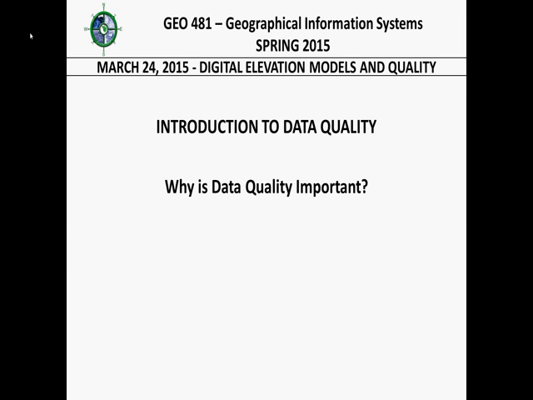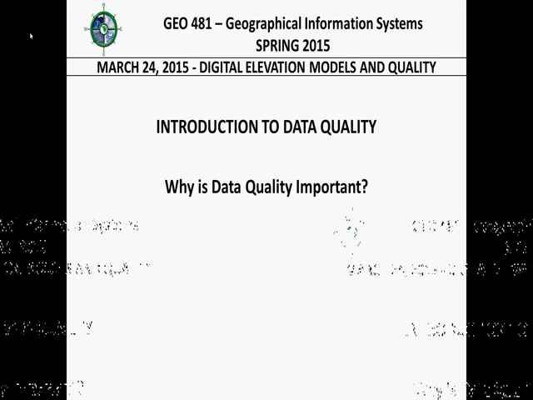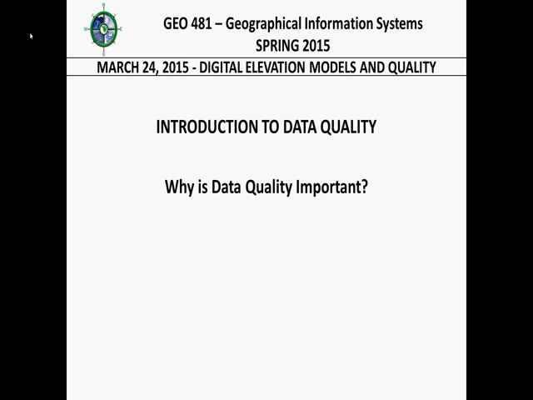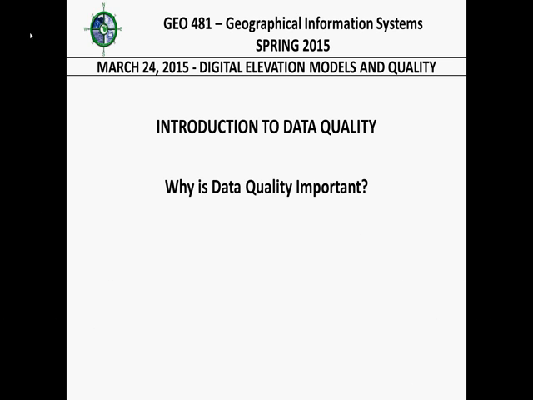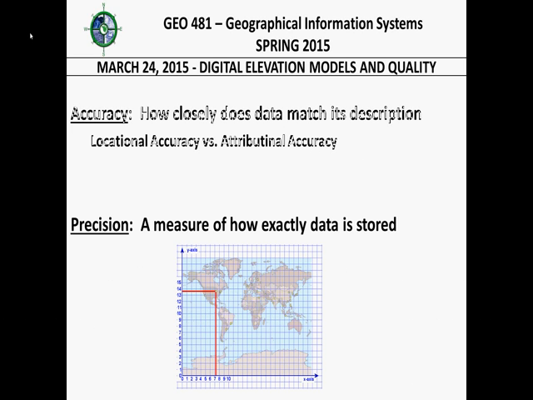And as I mentioned, the next big topic we'll talk about here is data quality. Why is data quality important? Hopefully you can all answer that. I have a slide on this.